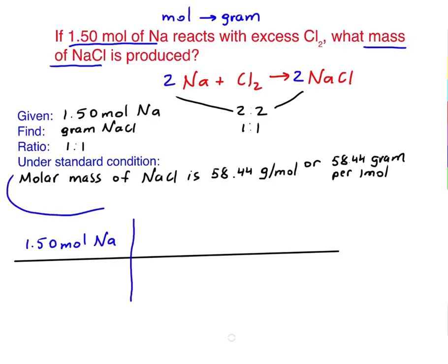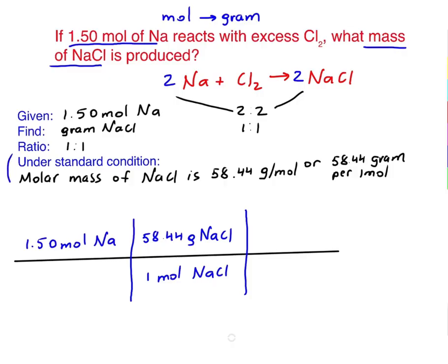And then the rest is, again, the standard condition: 58.44 gram of sodium chloride per 1 mole of sodium chloride as well. Make sure that the units correctly cancel each other.